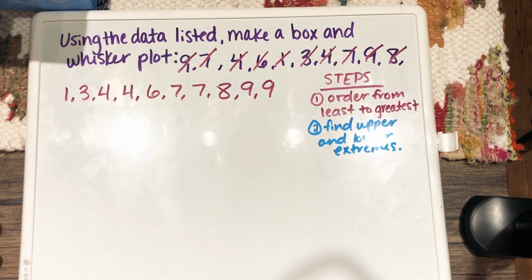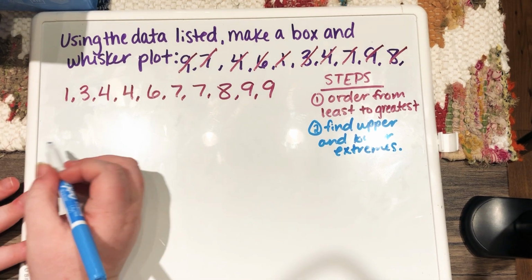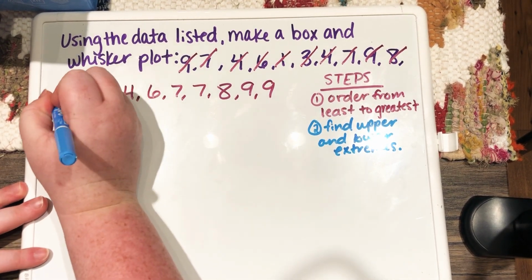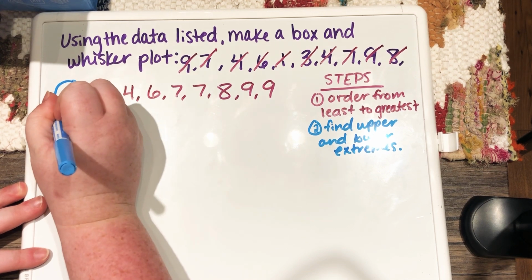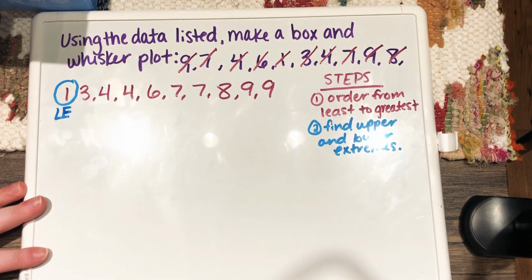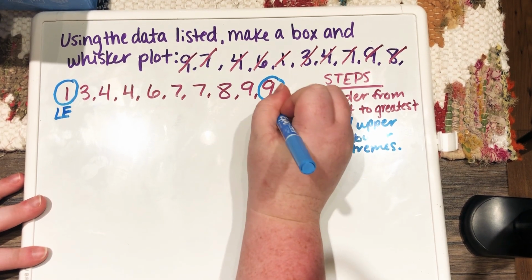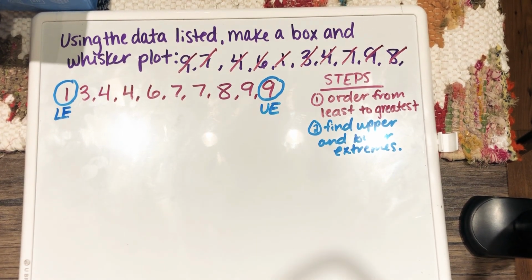And those are just our biggest and our smallest numbers. So that's going to be pretty easy to find now that we have these in order. This is our lower extreme. And this is our upper extreme. So lower extreme is 1, upper extreme is 9.